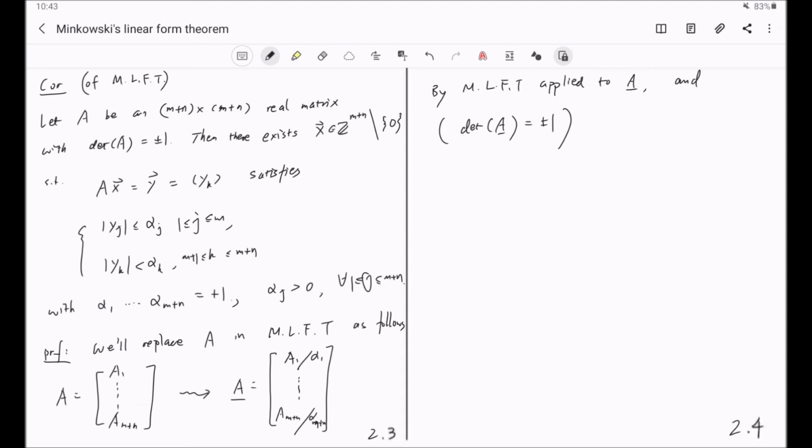and the vector y underlined, which has components y1 underlined through y m plus n underlined.